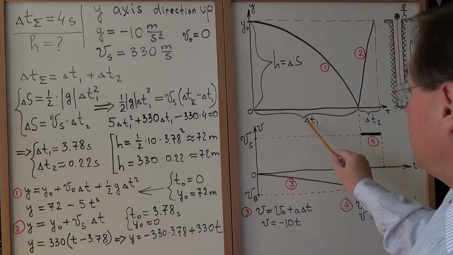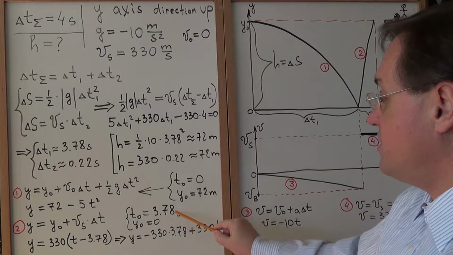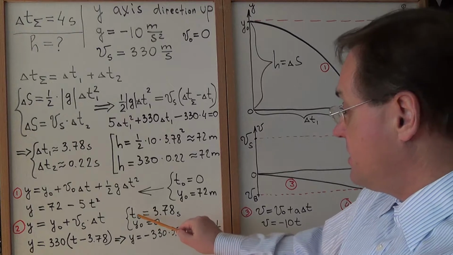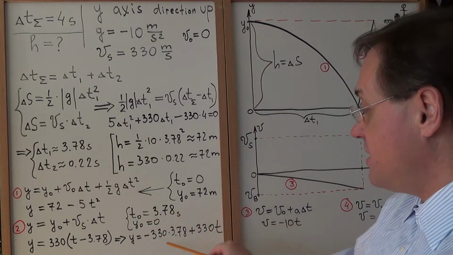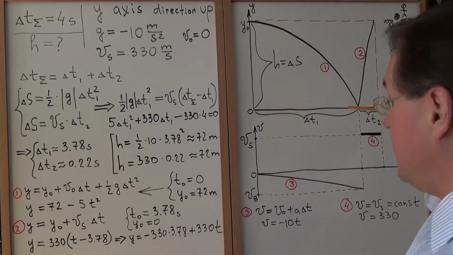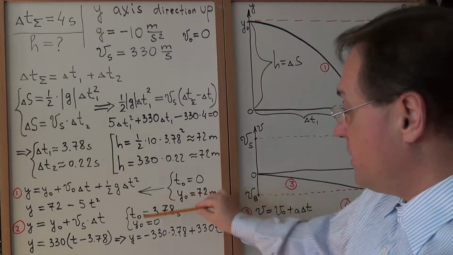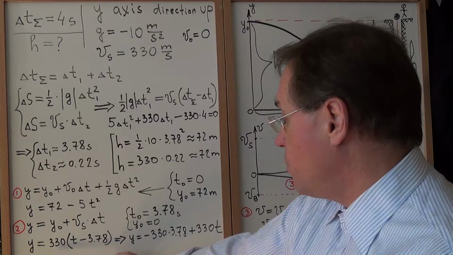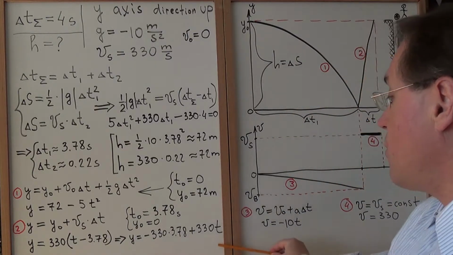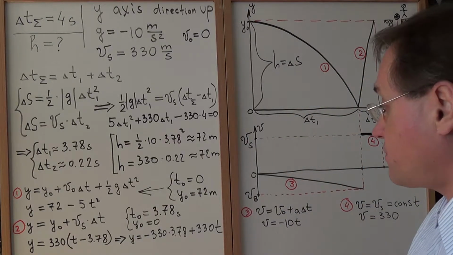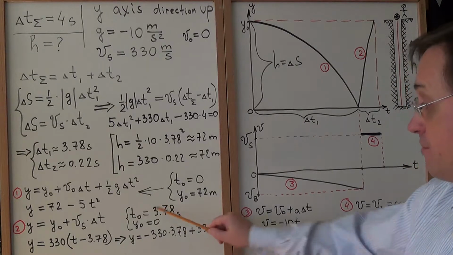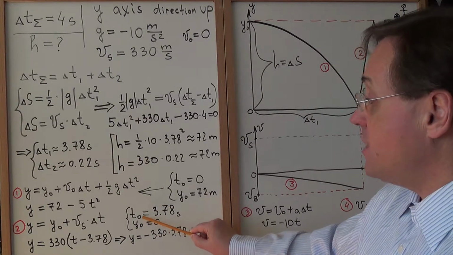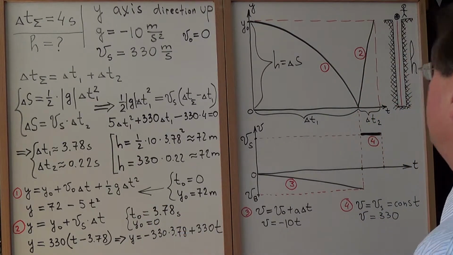It's exactly delta t1, which is 3.78 seconds. T0 equals 3.78. Y0 here equals 0. When we place the numbers into this equation and simplify, we'll get our linear function. And very important again, t0 is not 0 here.